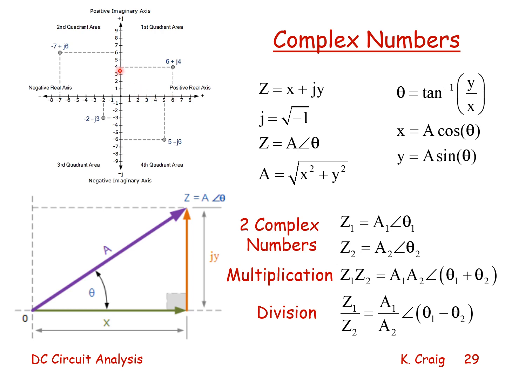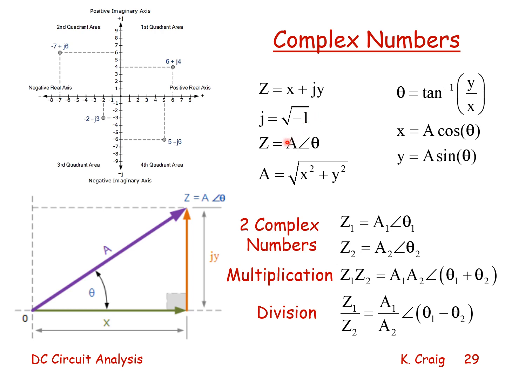Hence, complex numbers are made up of a real component and an imaginary component, an x component and a y component. J represents the square root of minus 1. It's the imaginary number. And we use polar coordinates to represent complex numbers and to analyze complex expressions.